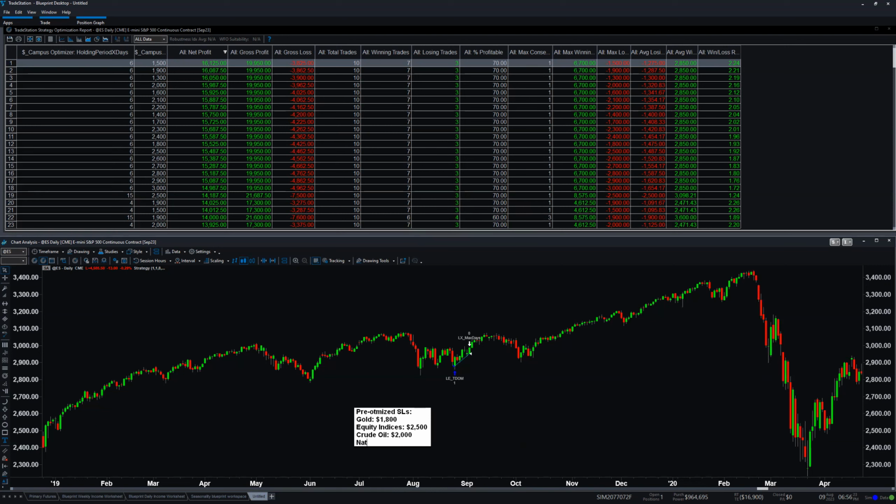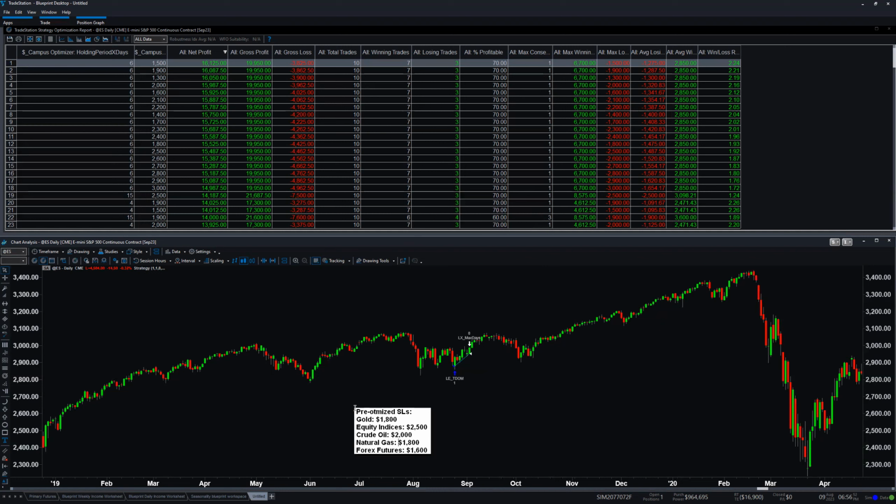Then you have natural gas, which your pre-optimized stop loss is $1,800. Then you have your Forex futures, which your pre-optimized stop loss is $1,600. Did I miss anything?